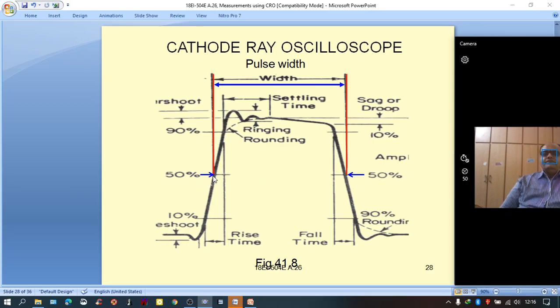That is, how much time it is taking on the x-axis from here to here. That is this portion shown in red lines. The time between these two is called, sorry, I'm sorry, it is pulse width. From here to here, it is called pulse width.